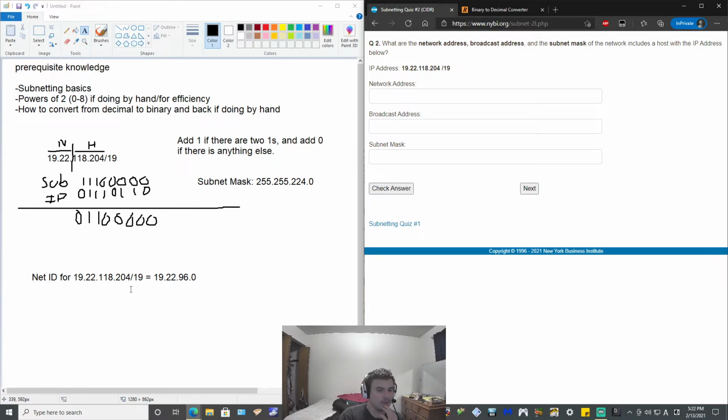If you look at the number of host bits inside the subnet mask's third octet, and you take 2 to the power of however many host bits, in this case there's 5 of them, 2 to the power of 5, and you can just calculate if you have to, is 32, correct?